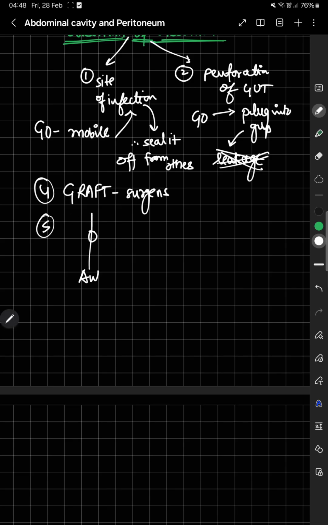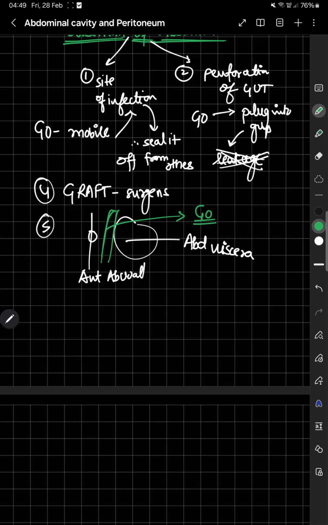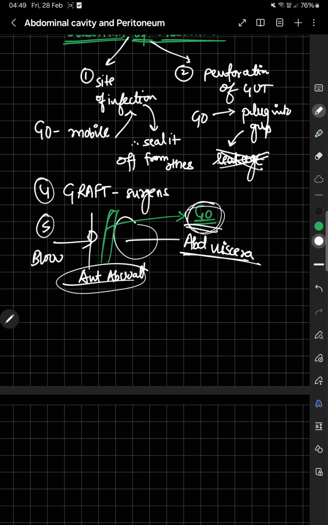So if this is our anterior abdominal wall, these are our abdominal viscera, and the covering that we have in between is our greater omentum. So if there is any blow or force applied on the anterior abdominal wall, the abdominal viscera is basically protected by our greater omentum.